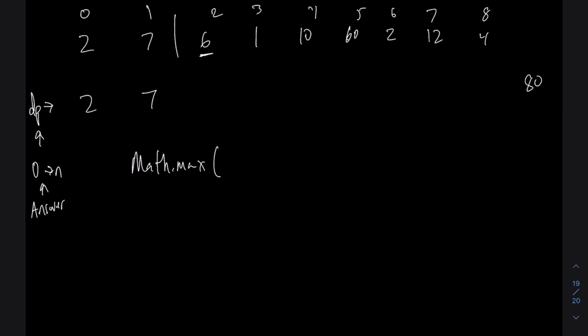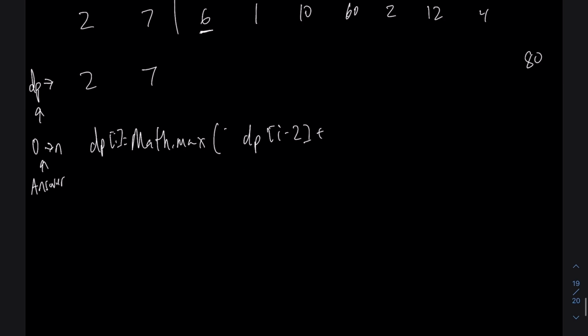And we're going to be choosing the maximum of these two. So if this array is the input array, then dp at i equals the max of dp at i minus 2 plus input at i, or it's going to just be dp at i minus 1.